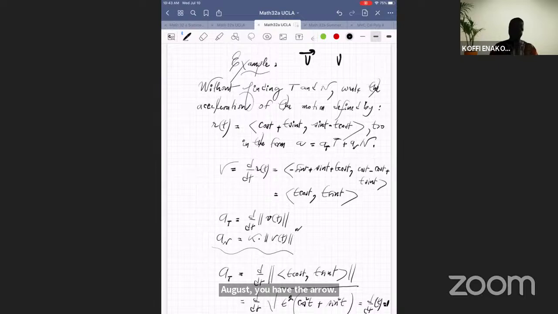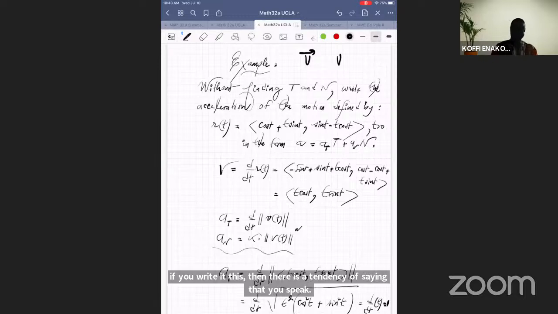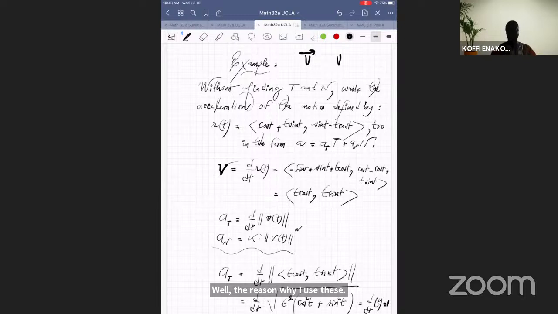But if you write it without the arrow, there is a tendency of saying that it is the speed. The reason why I use this is because in Rogowski, that's what you get. It is hard to bold these letters in my notes. That's the only reason. But if you have a vector, just put an arrow over it, and that's it. Is it clear, my friend?